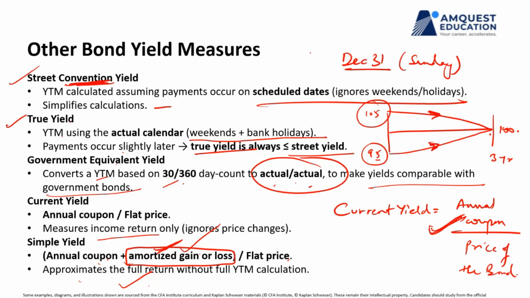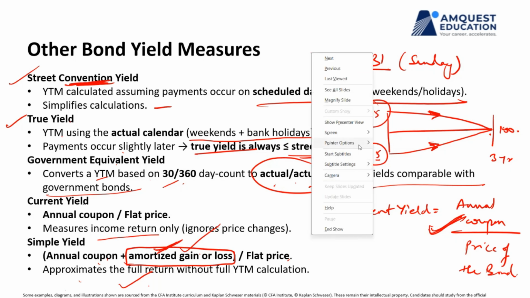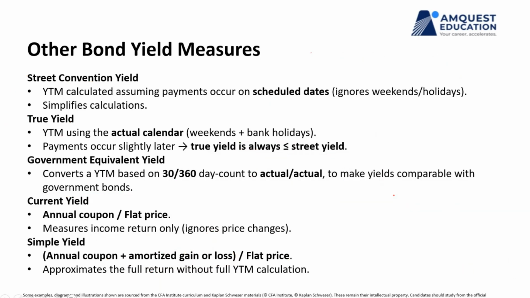An alternate way to think about this: when you buy shares, you get a dividend, right? And when we say dividend by price of the share, that is dividend yield. It only measures your dividend income.